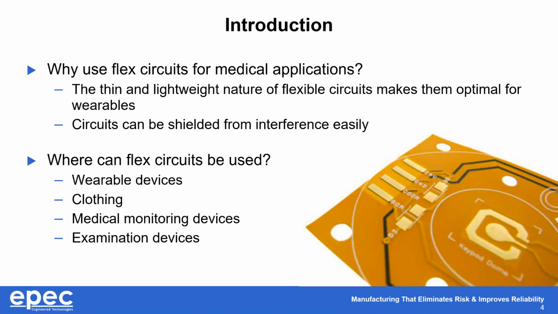And then general examination devices, so things you'd expect to see like scopes and lights, and things that may be a little bit more specialized that don't fall into those other categories.